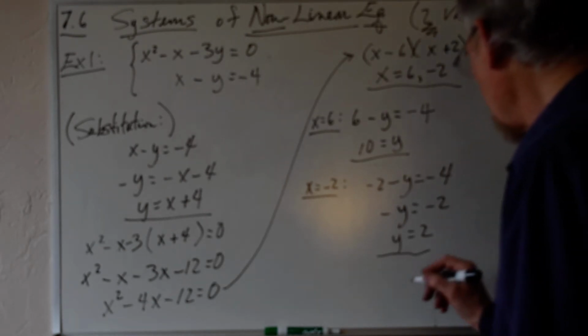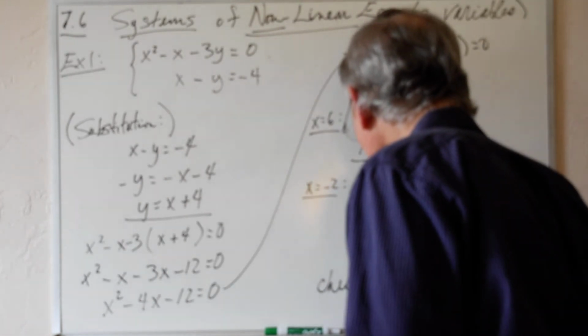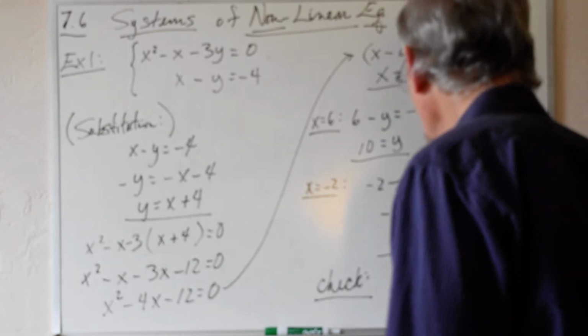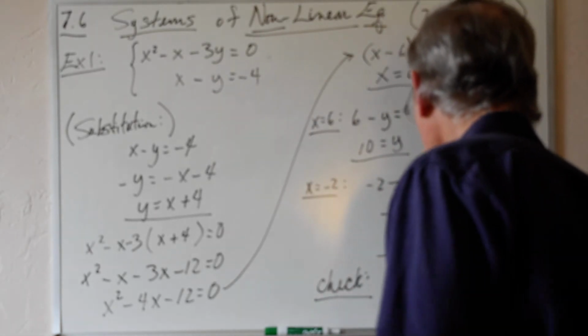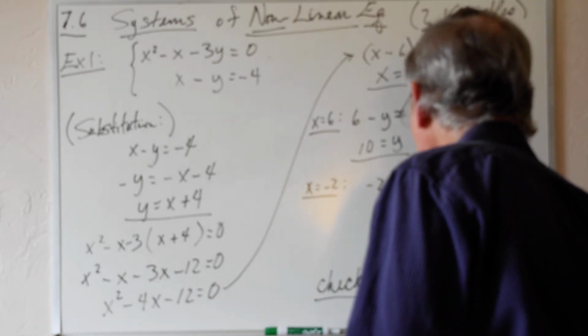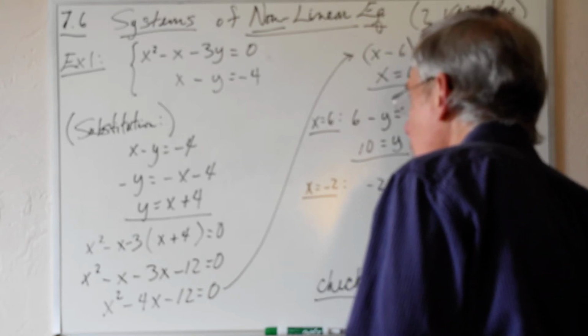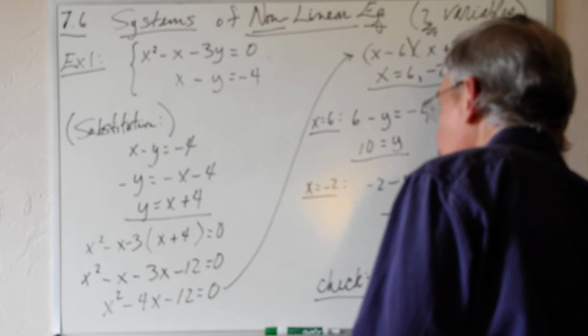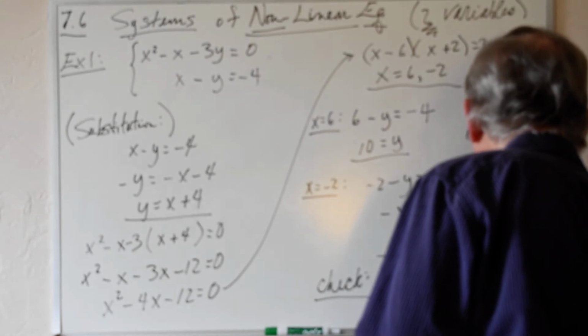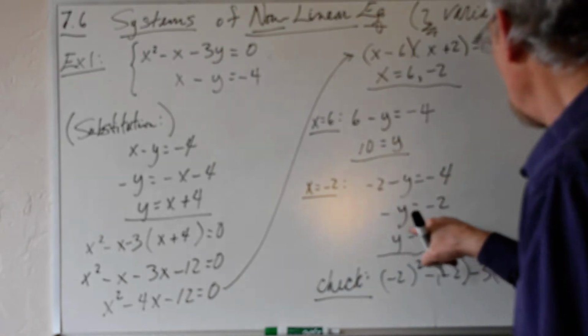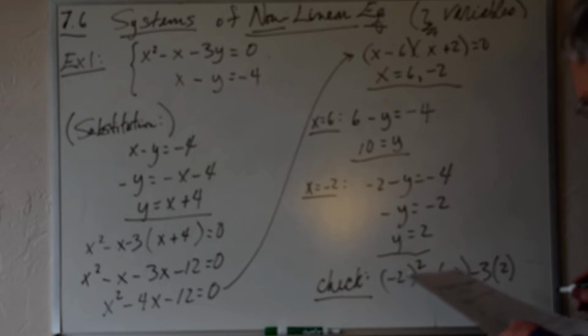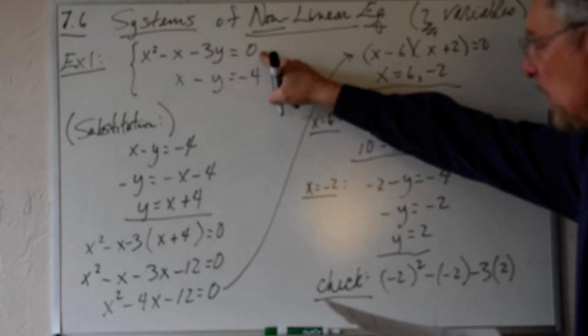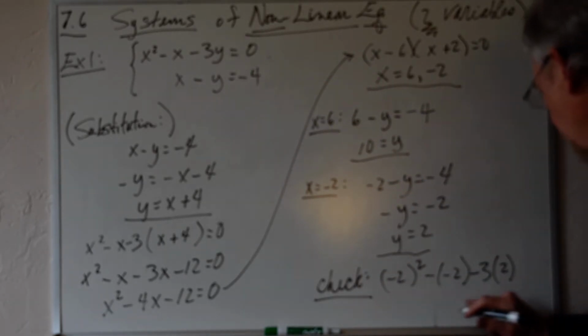And let's go ahead and check this. Now I have to use the other equation. So I have negative 2 squared minus a negative 2 minus 3 times y, but I am claiming that y should be 2. So this should all work out to be 0 again in that first equation.